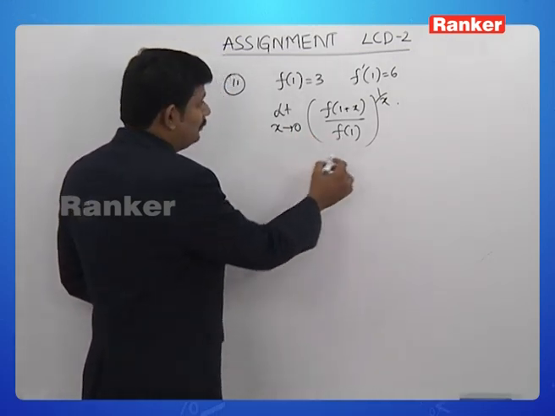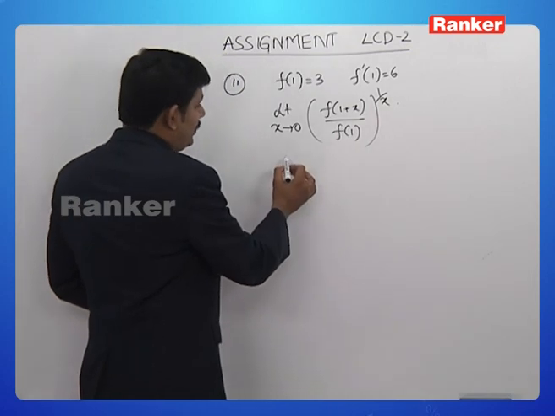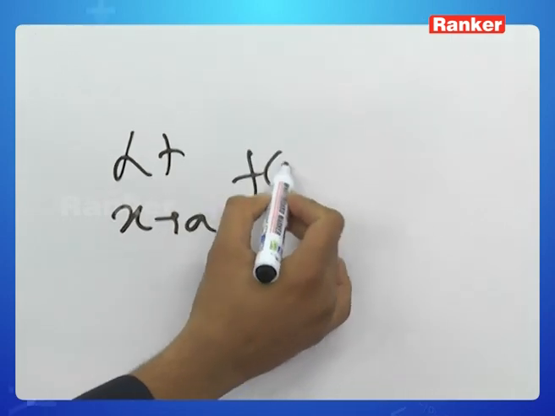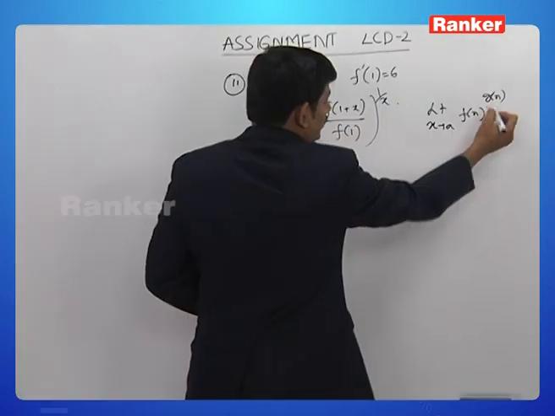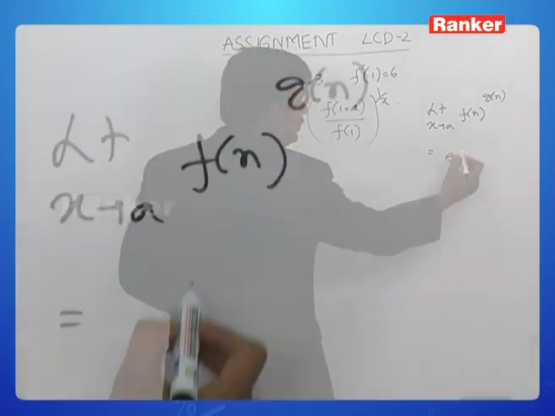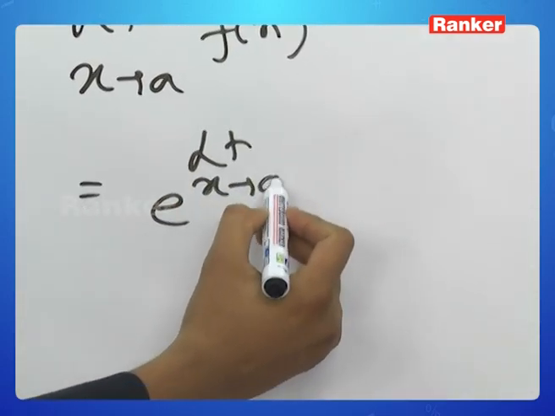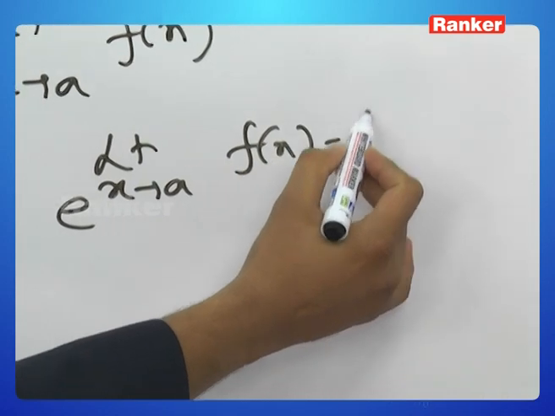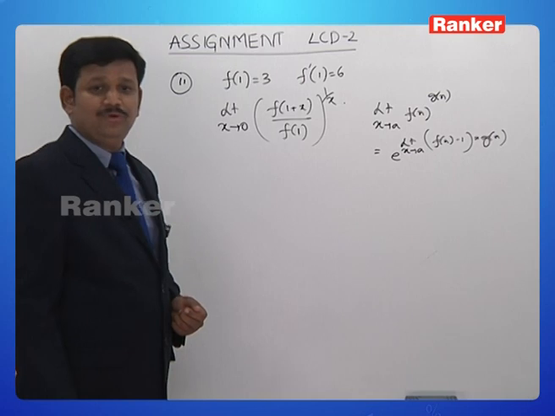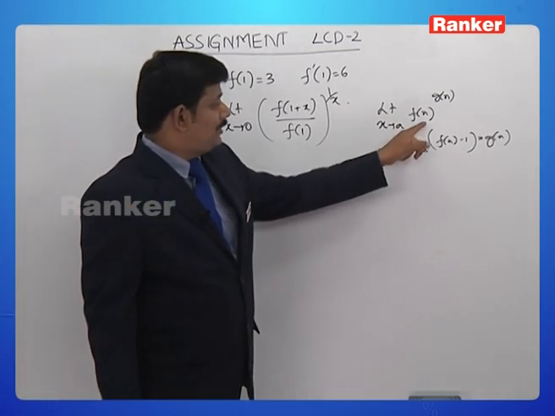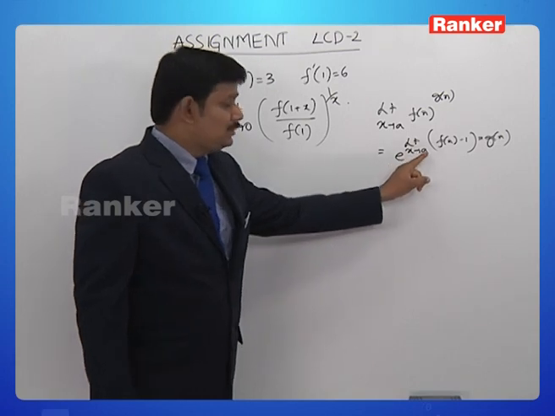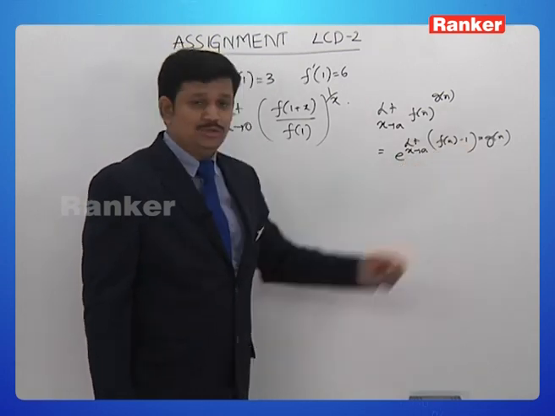And in 1 power infinity form, we know that limit x tending to a of f of x power g of x is written as e power limit x tending to a of f of x minus 1 into g of x.